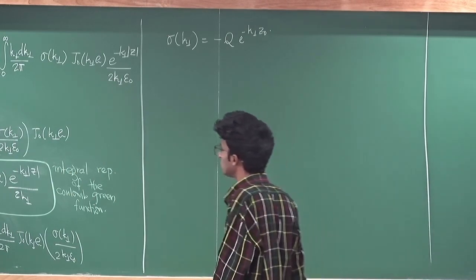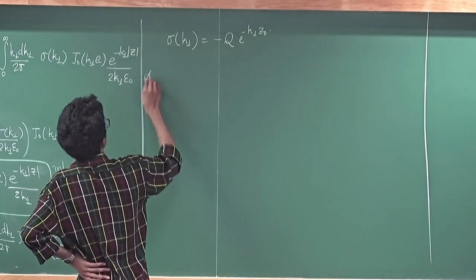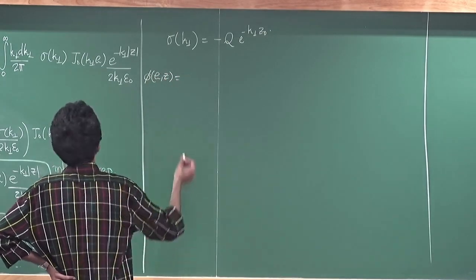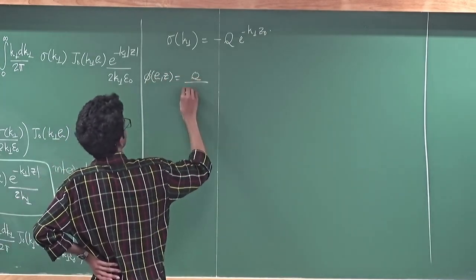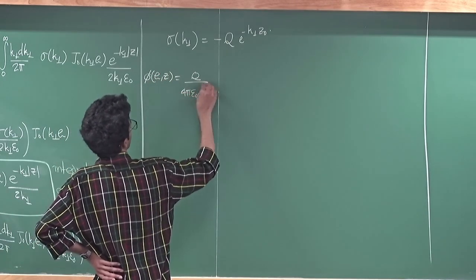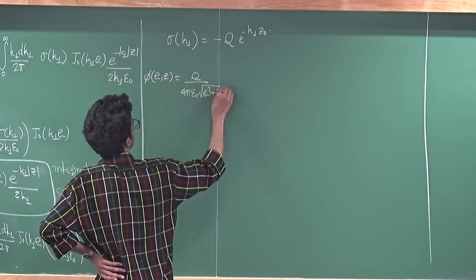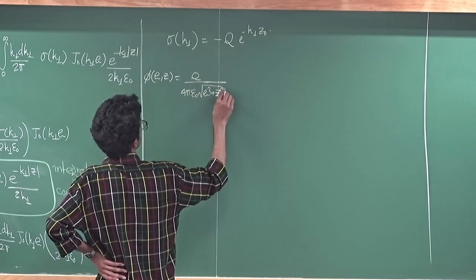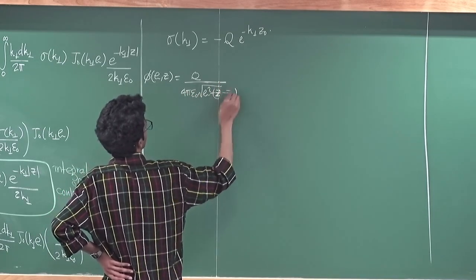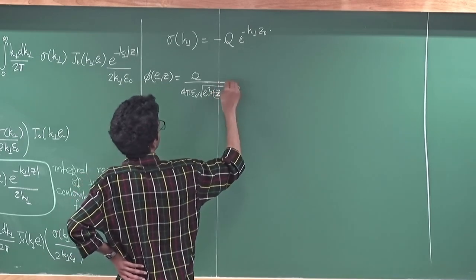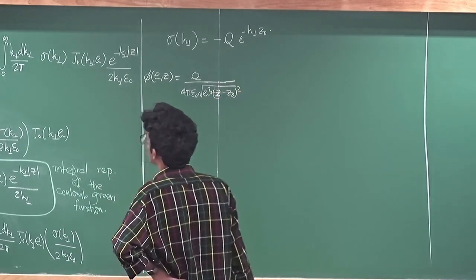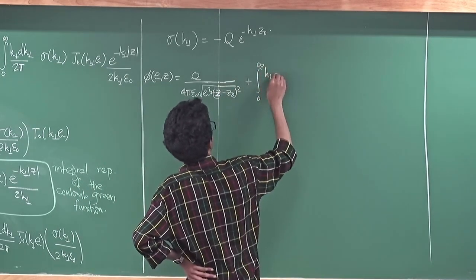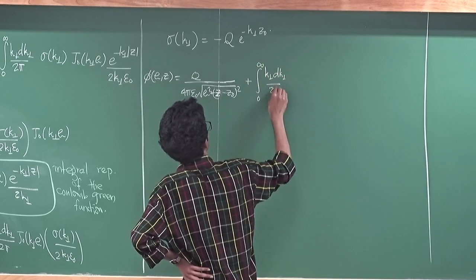So what does that mean? That means that finally the answer for the potential everywhere can be written as q over 4 pi epsilon naught square root rho squared plus, sorry, z minus z naught whole squared, plus the integral from 0 to infinity of k perpendicular dk perpendicular over 2 pi.